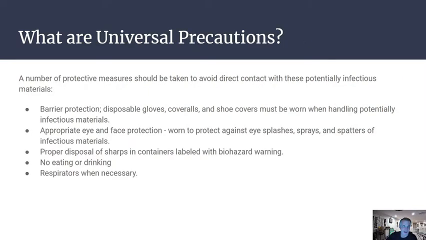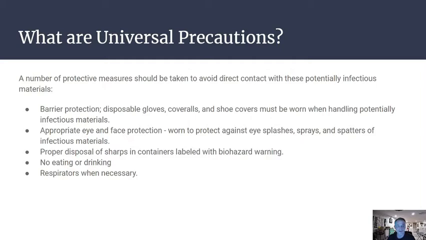And the main way that we protect is using these universal precautions, right? Make sure you have barrier protection. Disposable gloves, coveralls, shoe covers must be worn when handling potentially infectious materials. Appropriate eye and face protection, whether it's a full face shield or safety glasses or something like that, that'll help alleviate any kind of splatters that could get into your eyes.